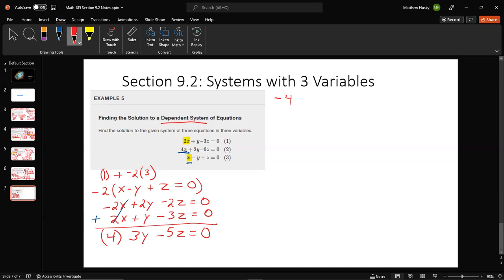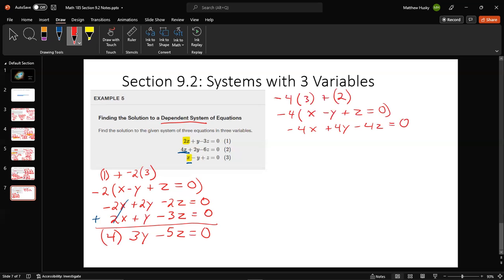So let's do -4 times equation 3 and then add equation 2. Let's figure out what -4 times equation 3 is. x minus y plus z equals 0. Multiply that all by -4, you get -4x plus 4y minus 4z equals 0.